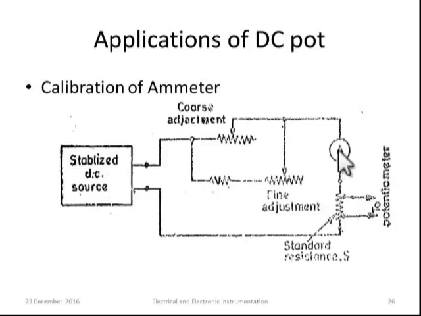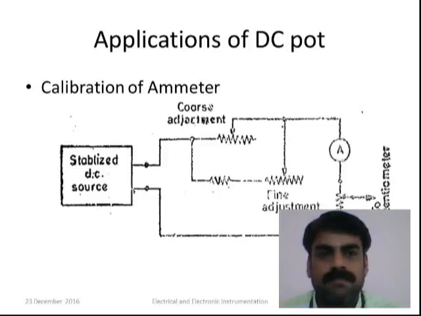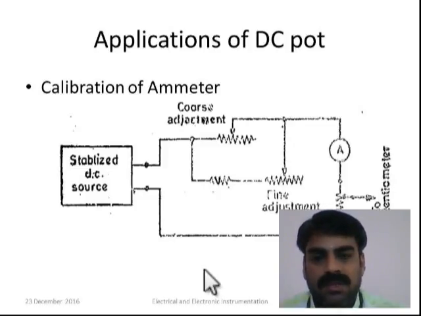Since the current is known to us, it will not be difficult to calculate the potential across the standard resistance, and this calculated potential should match the potential output of the potentiometer. If both of them are equal, then the ammeter is working perfectly. So this is how we will calibrate the ammeter.